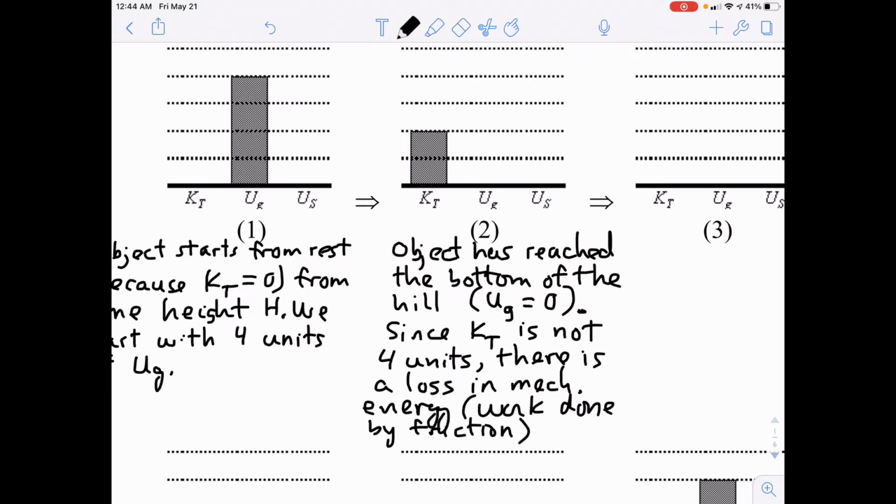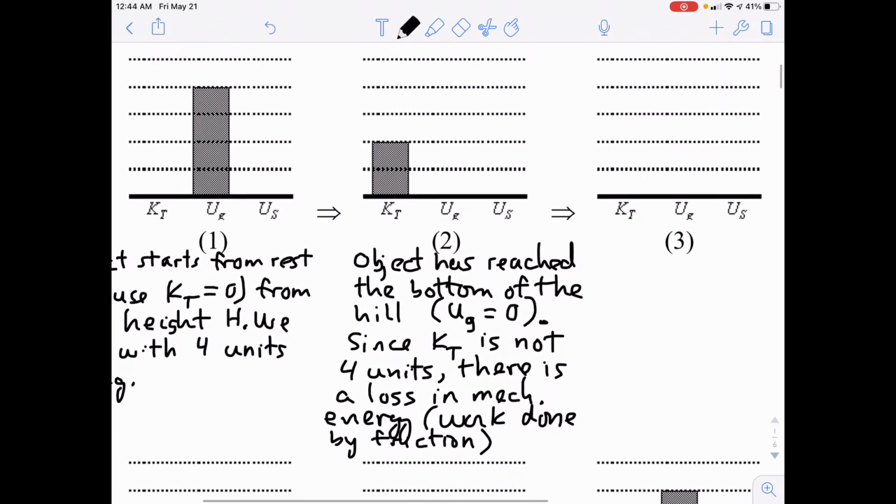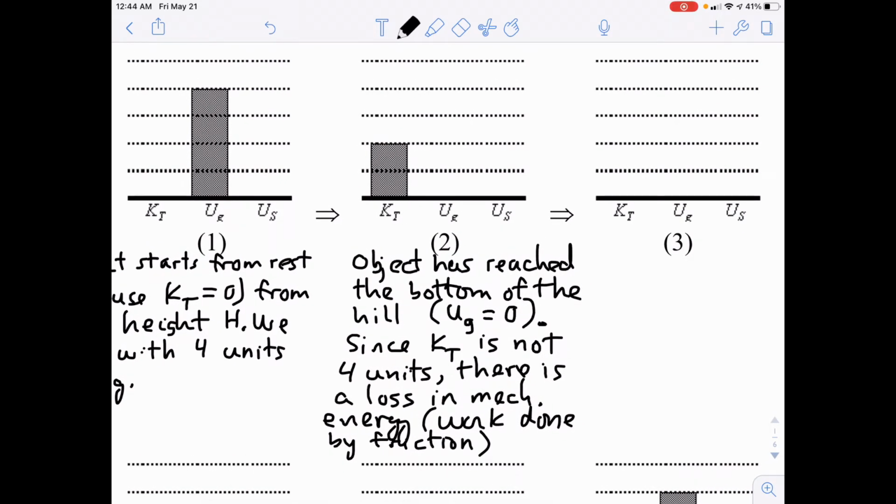So even though this situation would have to be some sort of a hill or incline or slope, it would have to be a rough surface because we're losing mechanical energy as the object goes downhill.